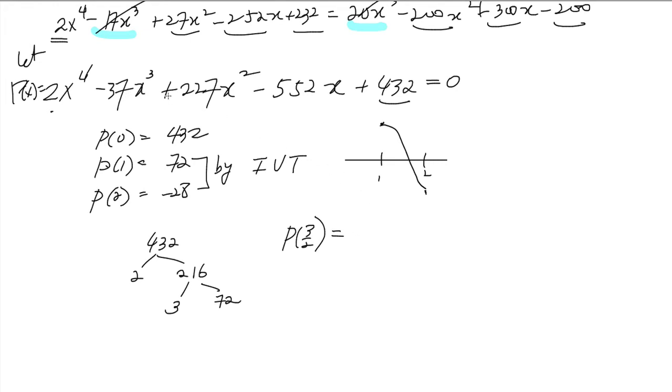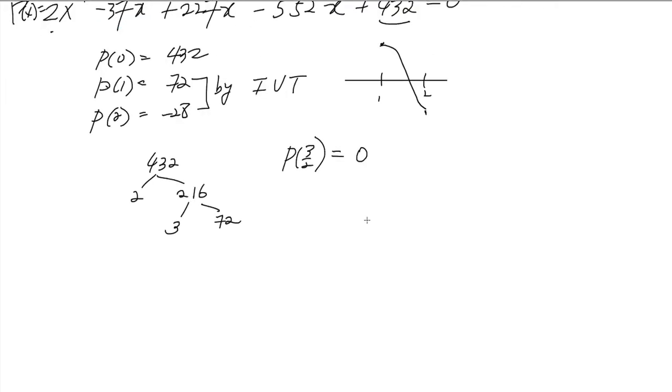You can do this with a calculator. When you plug it in, we actually do get exactly 0. So let's do synthetic division with 3 over 2.